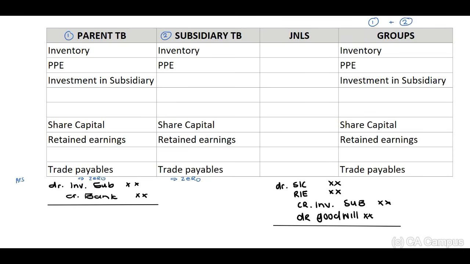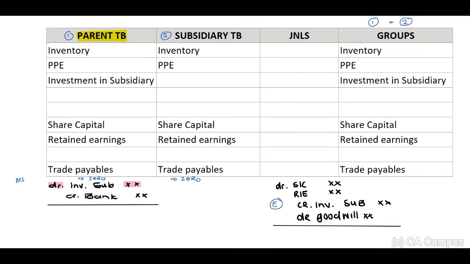Now, if you take this one step back, why do we perform our elimination journal of a subsidiary? If you think about your parent's trial balance, the separate records, the separate annual financial statement, if your parent purchases a subsidiary, they will have to debit investment in subsidiary.